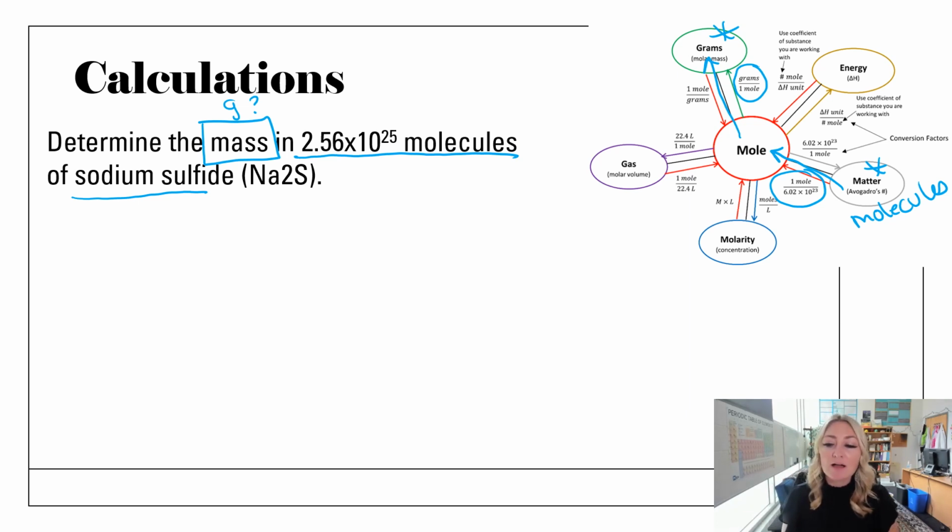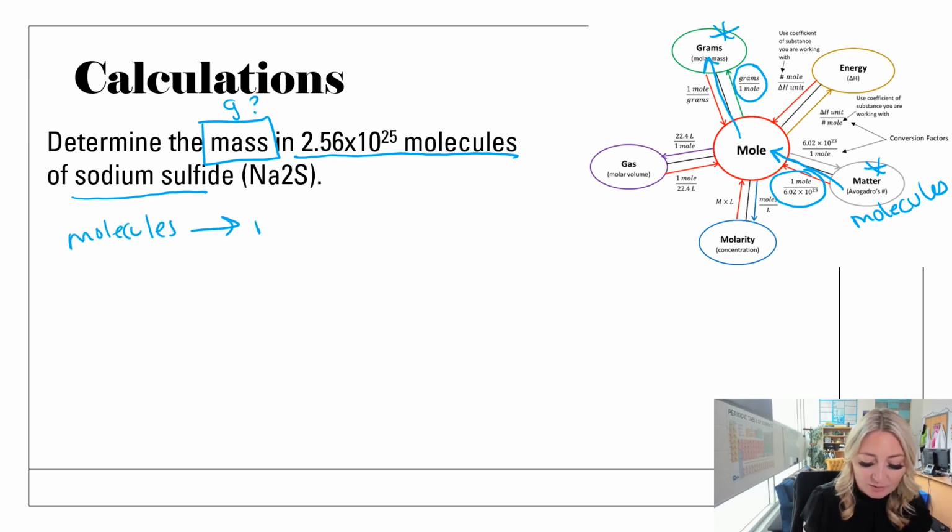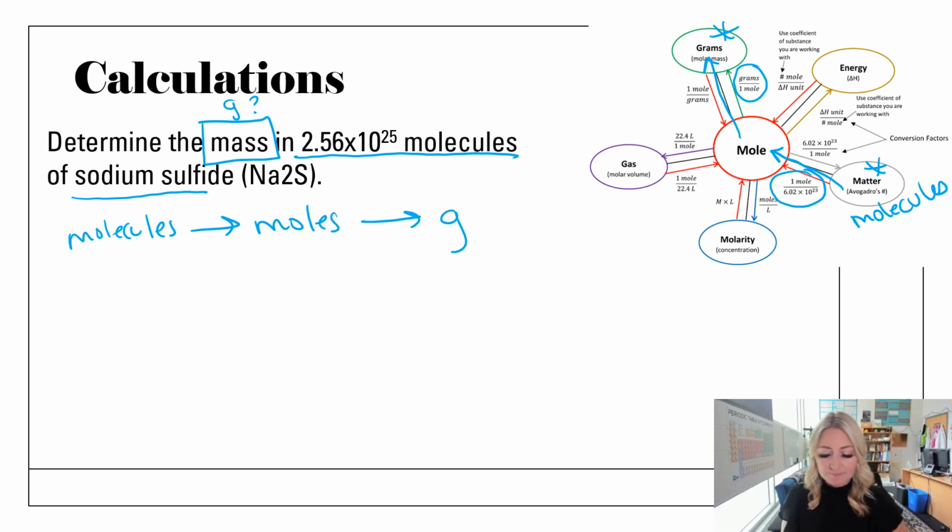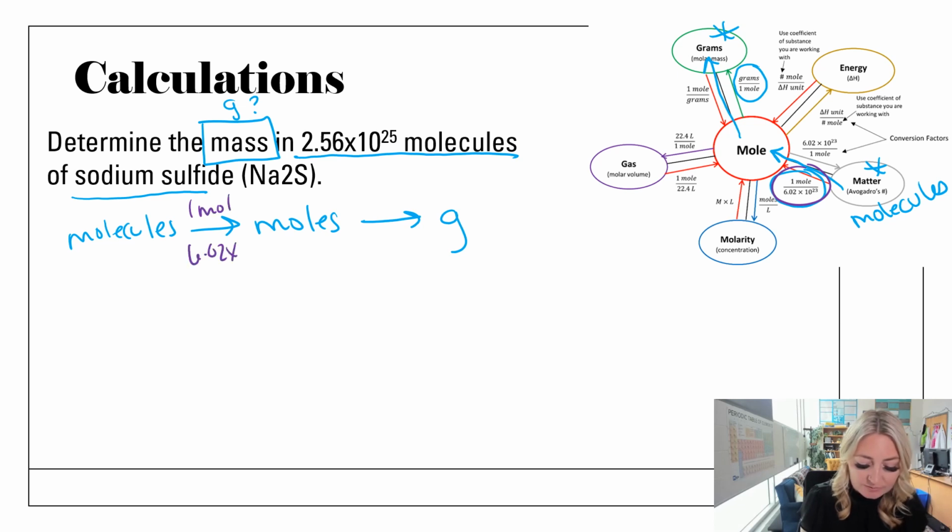Okay, so because I have to convert to moles first, and I'm going to draw this out on a unit map, I'm starting in molecules. I will then go to moles. I will then go to grams. Okay, my first conversion factor from molecules to moles is using Avogadro's number. So I'll put 1 mole on top, 6.02 times 10 to the 23rd molecules on the bottom.